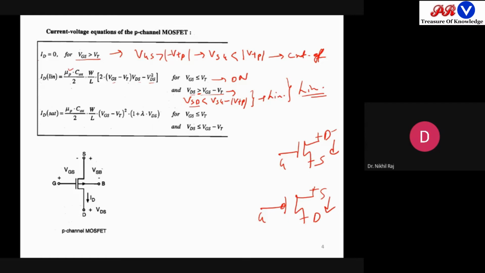This means D is replaced by S and S is replaced by D. Behind this, the concept is that it is a symmetrical device, so the terminal names change. So either using this concept you write the equation, or you reverse the notations, less than or greater than, when you compare with NMOS.